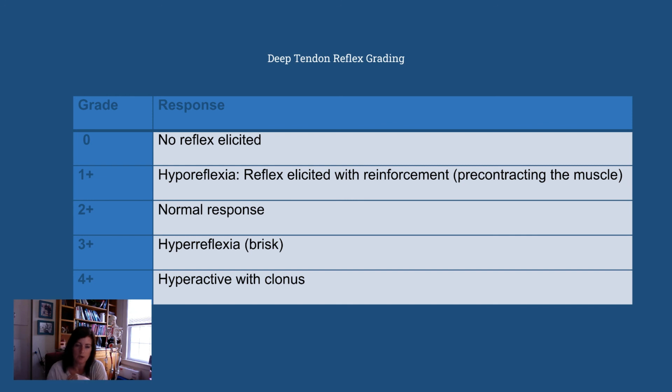A 2+ would be a normal response. A 3+ is what we would call brisk reflexes. These are people that are kind of fun to work with because they have really easy reflexes to get. And then a 4+ would be a hyperactive reflex with clonus. So you're going to see that clonus response as well.